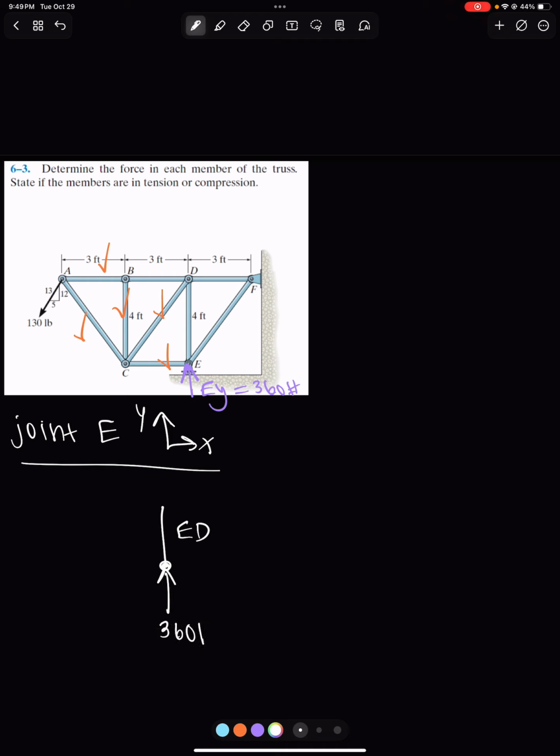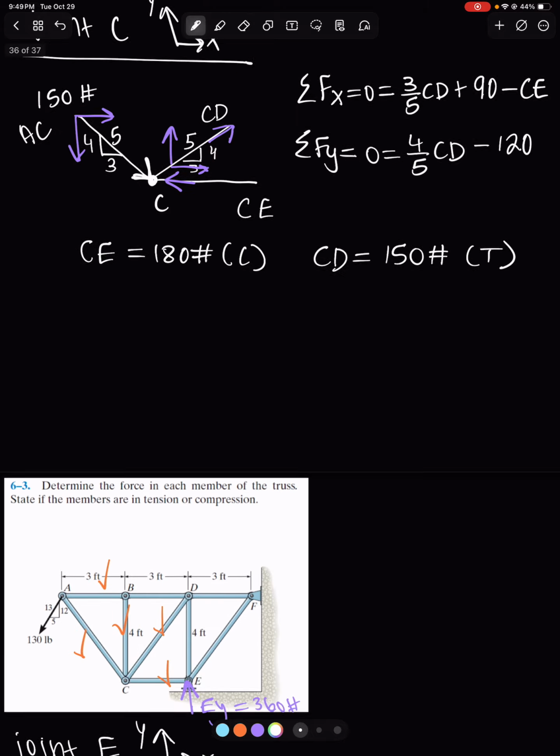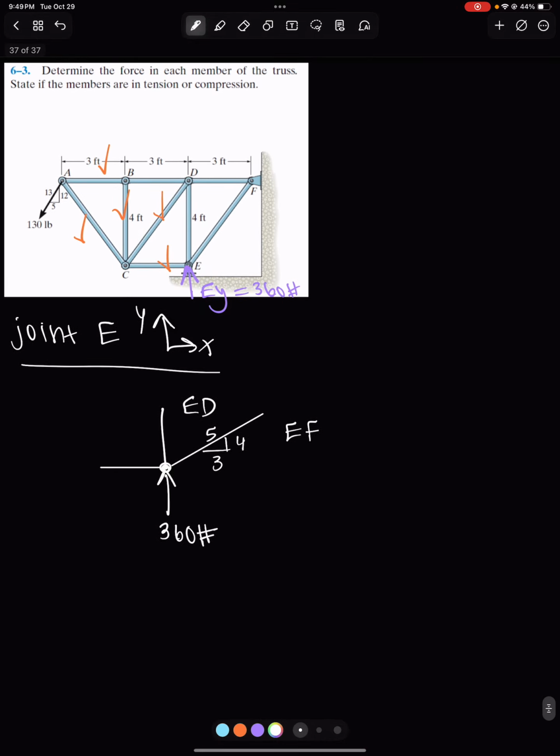EY equals 360 pounds, positive Y direction, and then we have, this is kind of in the way. Okay, and this is just another 3-4-5 slope triangle for EF, and this is CE. And remember, we just found CE. It's a compressive force of 180 pounds.